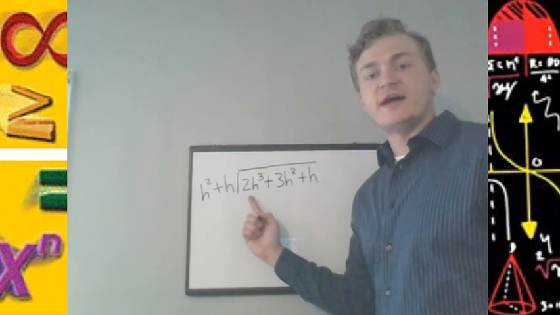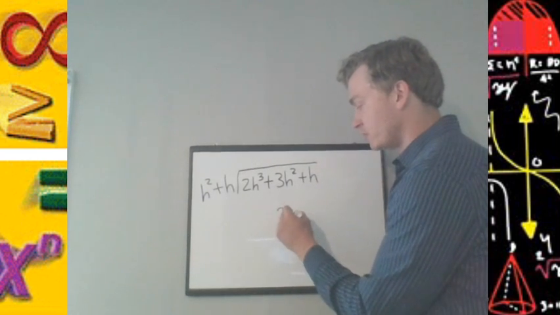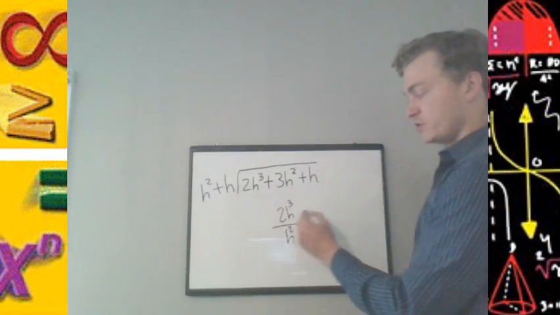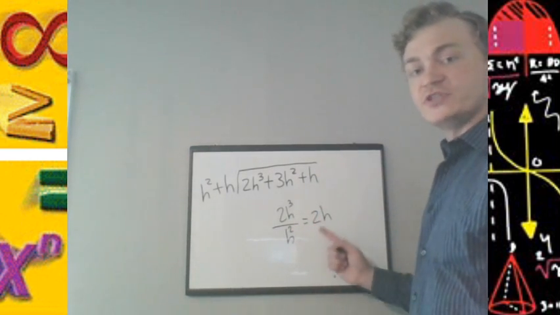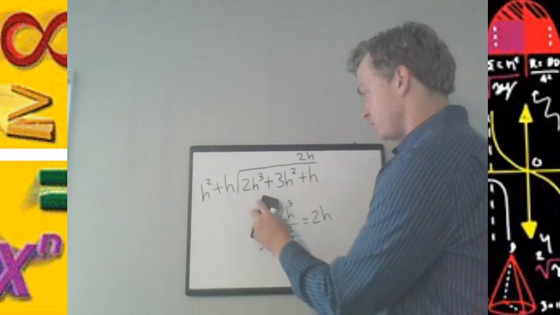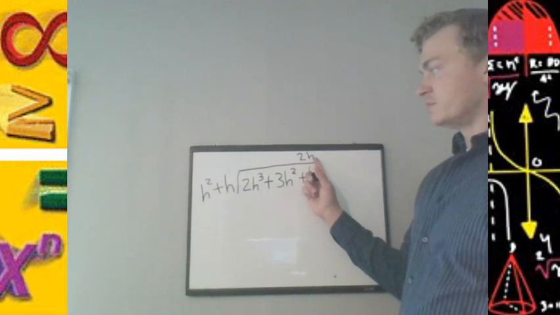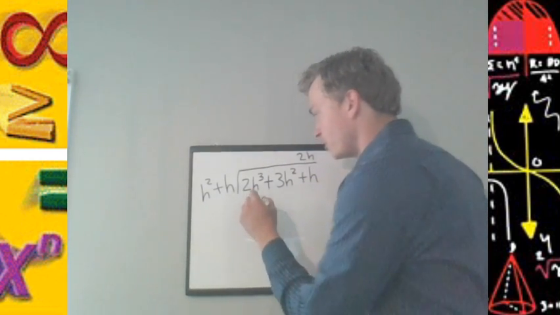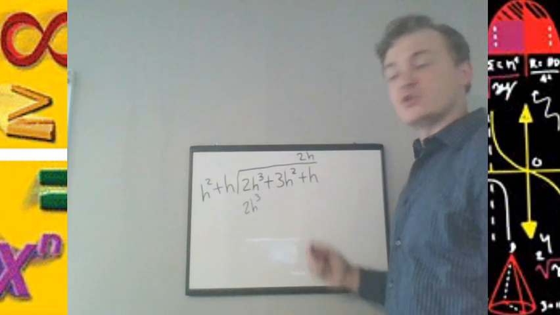h squared divides 2h cubed 2h times. We see that because 2h cubed divided by h squared, the 2 stays. h cubed divided by h squared, 3 minus 2 is 1 factor of h. So we get a 2h there. 2h multiply h squared is 2h cubed. 2h multiply h is 2h squared.